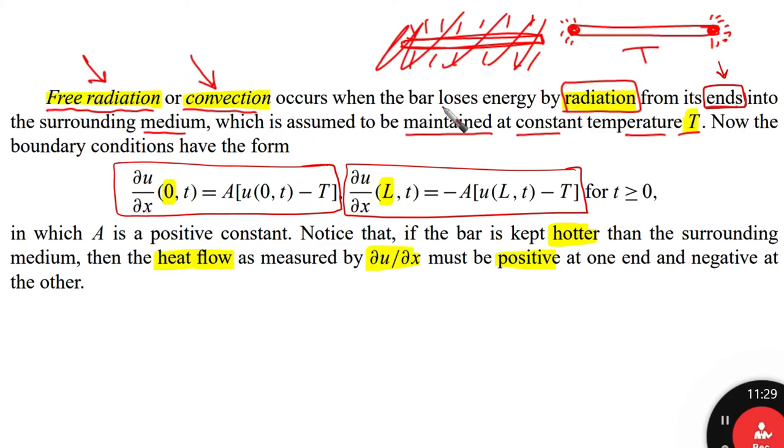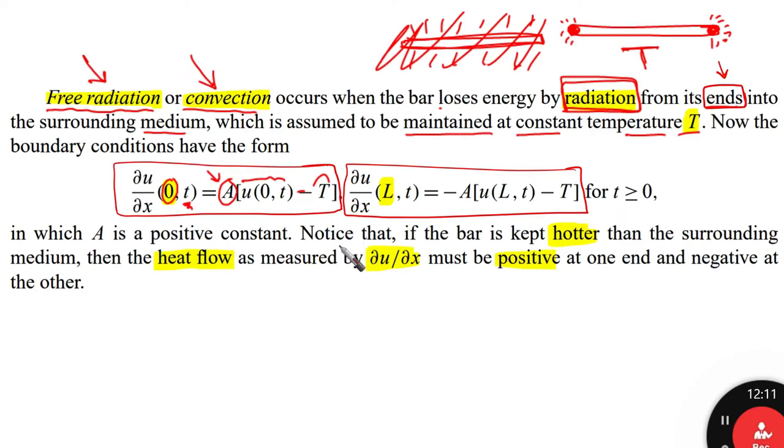As we said, for radiation from its ends, partial u partial x at x equal to 0, the left end at any time t, is going to equal something like this: a constant a, which is a positive constant, times u of 0 and t, which is the temperature at the left end at any time, minus T, the surrounding medium temperature.